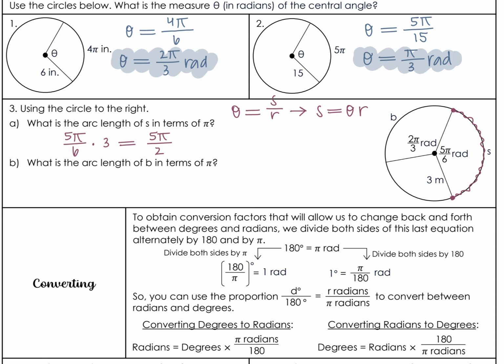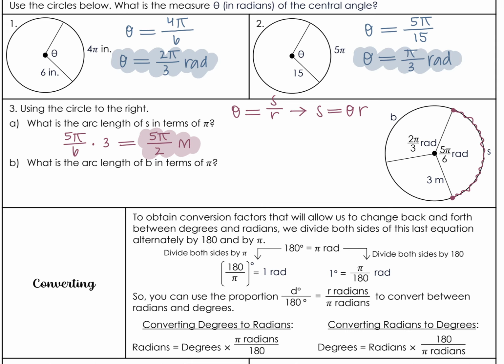Okay, so since this is my arc length here, we will need our units, so I'm going to put meters on the end. Okay, and just to clarify what I did here, I had that multiplying by 3, and since I was dividing by 6, I just reduced that, 3 divided by 6 to get 1/2, and so that's where I got the 2 in my denominator.